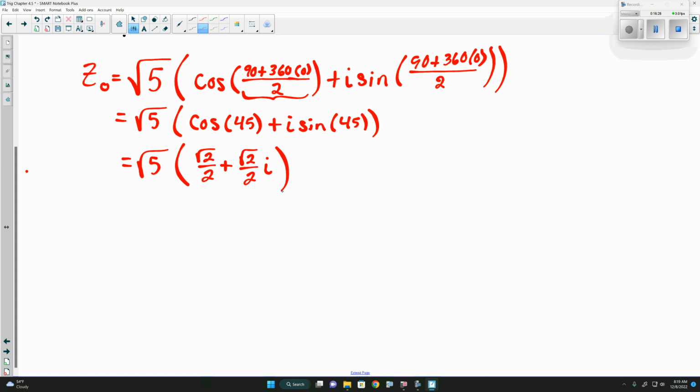And we would multiply both of these by the square root of 5. So we have square root of 10 over 2 plus square root of 10 over 2 i. So there's our first root. Questions?